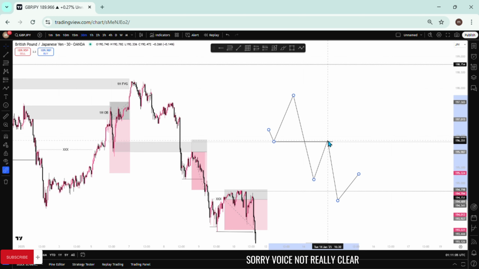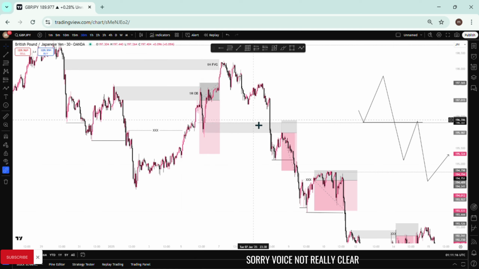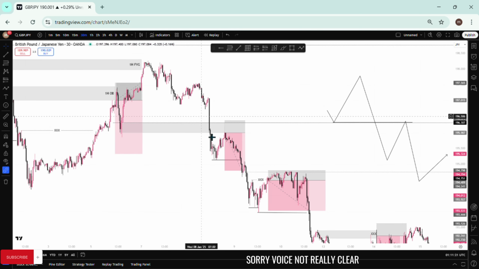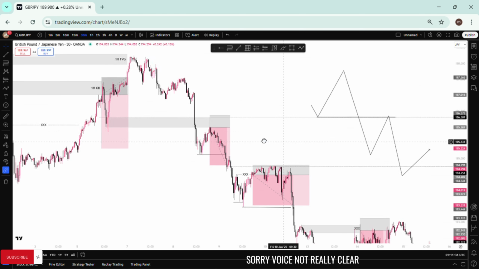You can see price went to tap or retested around this low here before returning. This is exactly what I did here. This zone was a low, so price broke that low, then came to retest. That was exactly where I entered the trade, and price came back hitting TP 1:3. So simple.